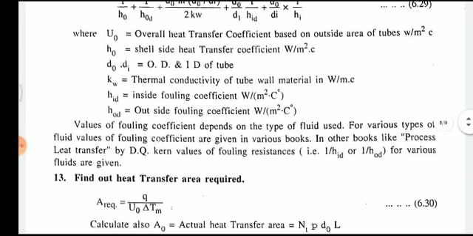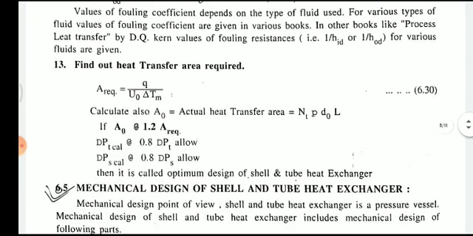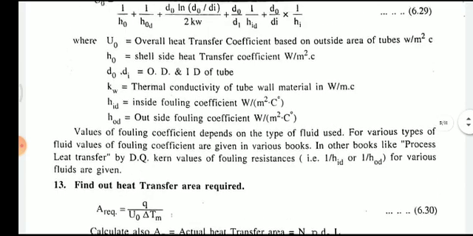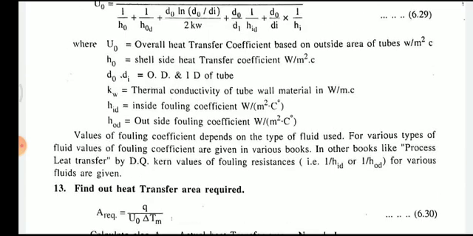Okay. And then the required heat transfer area is Q divided by U0 and delta Tm. So these are the 13 steps to find out the design of shell and tube heat exchanger.